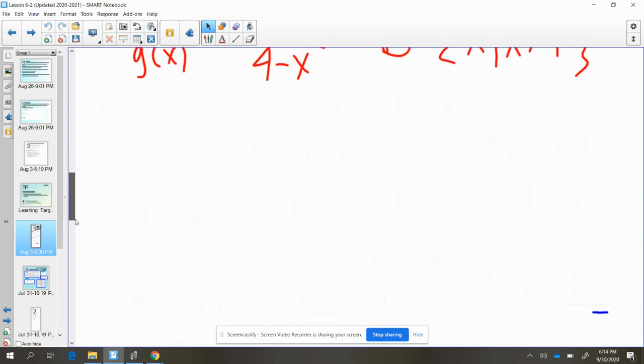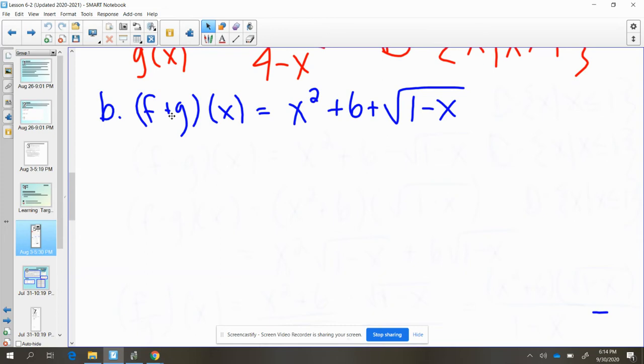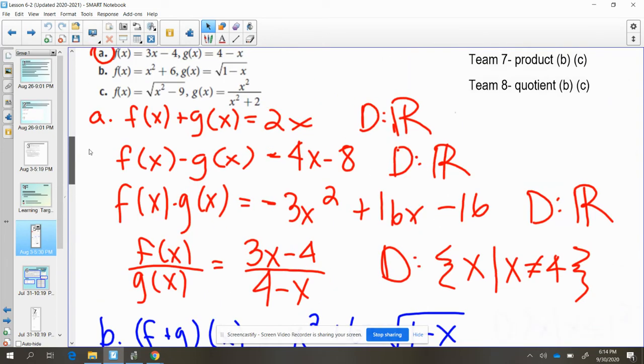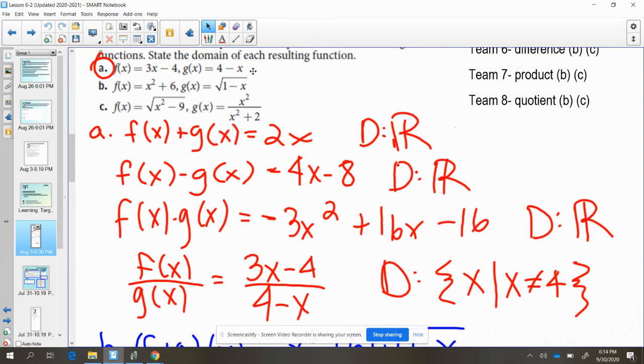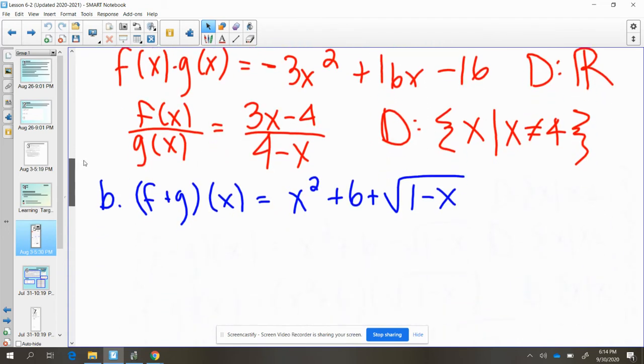Okay. The other important example here is B, and we're going to go through this piece by piece here. So we're adding in part B here together these two functions, and notice we can't combine anything with the quadratic and the constant and the square root. Here we have to be careful of our domain, though, because the domain on this one is going to be only x values that are less than or equal to 1.